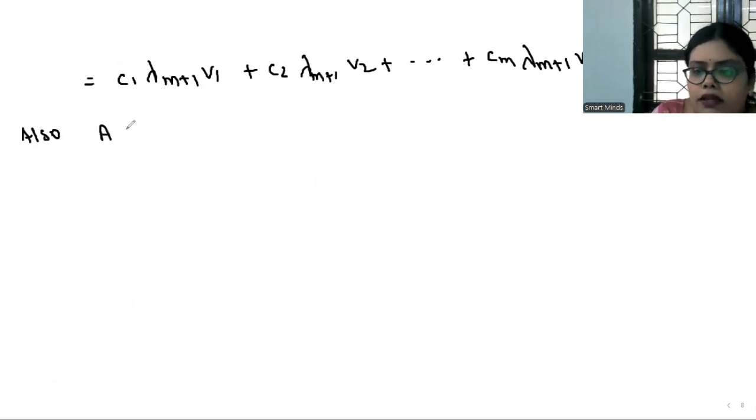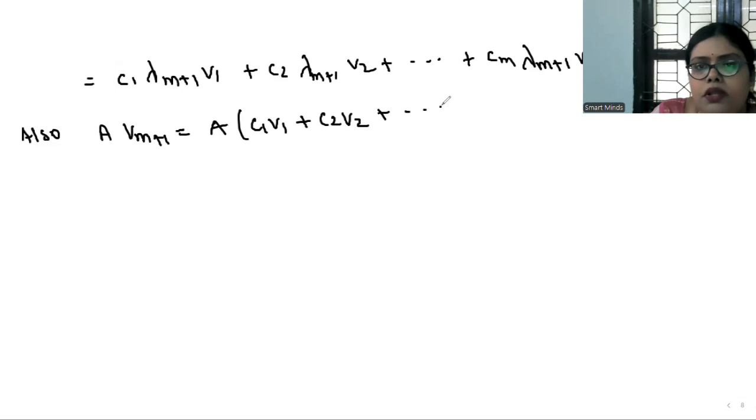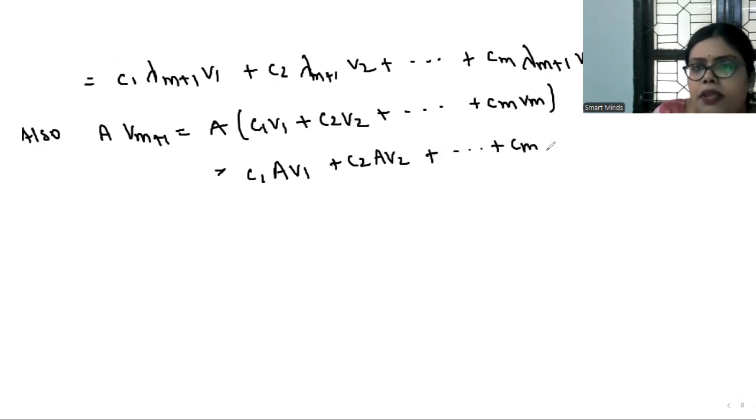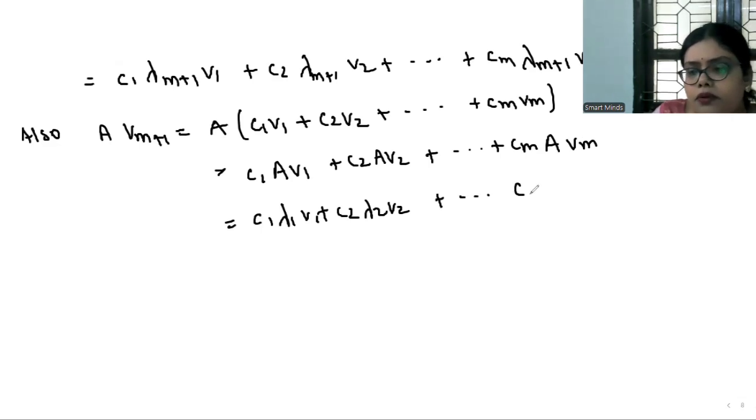Also, A into Vm plus 1 is equal to A into C1V1 plus C2V2 plus so on up to CmVm. Now multiply this A inside. So C1 A V1 plus C2 A V2 plus so on up to Cm A Vm. What is A V? We can write lambda 1 V1. So that is C1 lambda 1 V1 plus C2 lambda 2 V2 plus so on up to Cm lambda m Vm.